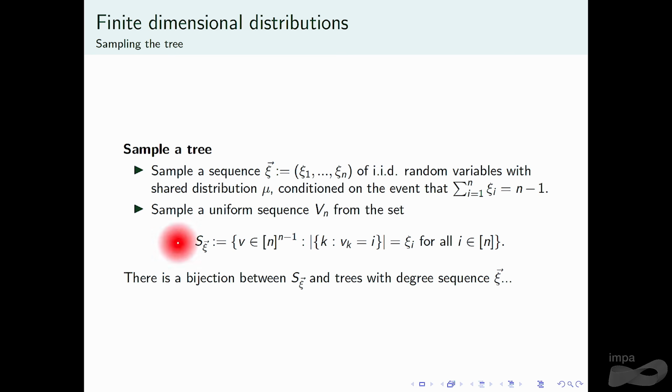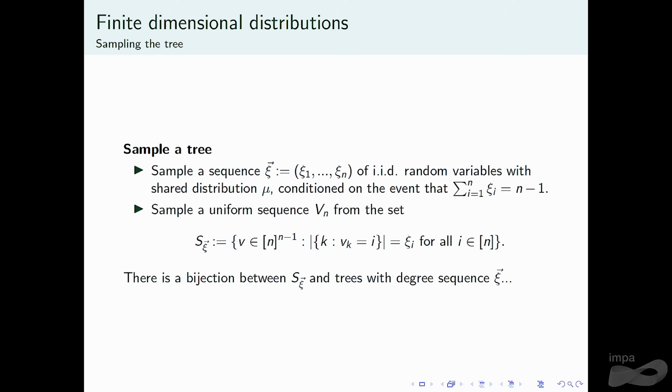Now, what we want to do then is sample a uniform sequence from the following set, okay? This is the set of sequences with values from 1 to n, such that the value i appears ψ_i many times. Okay?